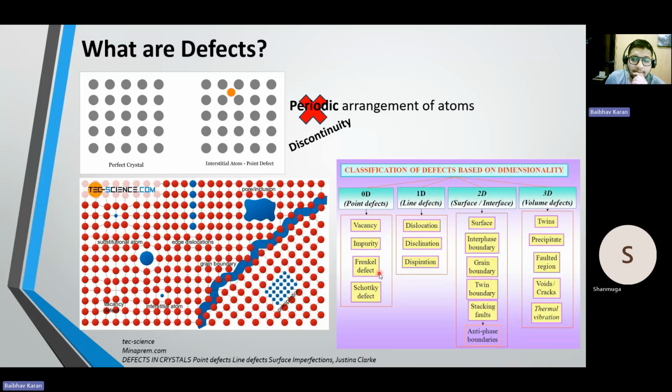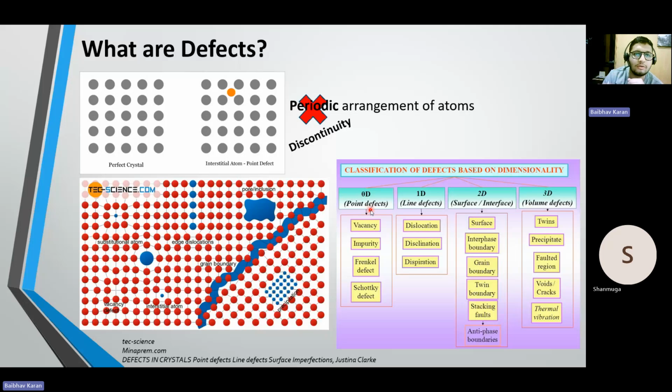Then comes one dimension defect. Here in zero dimension, in one point an atom is missing or an atom is being added. One dimension is if we increase that to a single line. If there are multiple defects in a single straight line, that will be a one dimension defect.